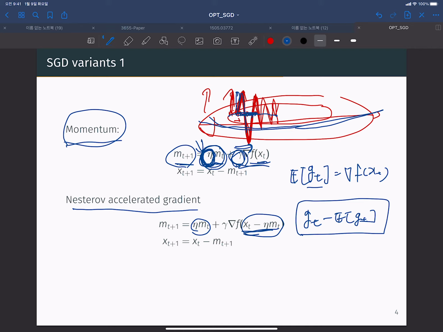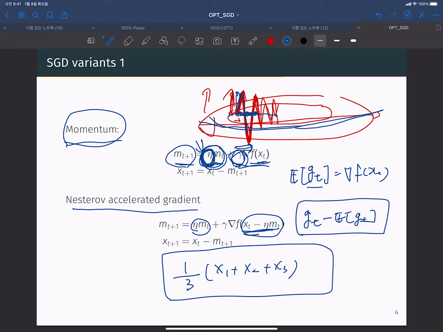But the variance will decrease as you add more random variables. For instance, if you compute 1/3 times (x1 plus x2 plus x3), the variance of this random vector will be smaller than the variance of each of x1, x2, and x3, if they all share the same variance.